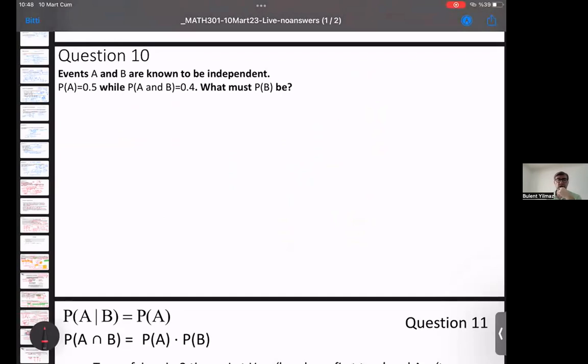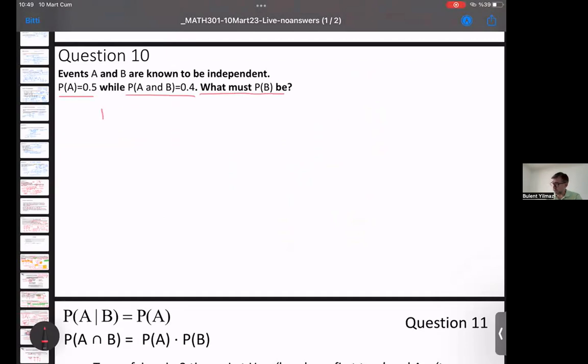Events A and B are known to be independent. Okay, P(A) is 0.5 and P(A and B) is 0.4. What must P(B) be? 0.8, exactly.